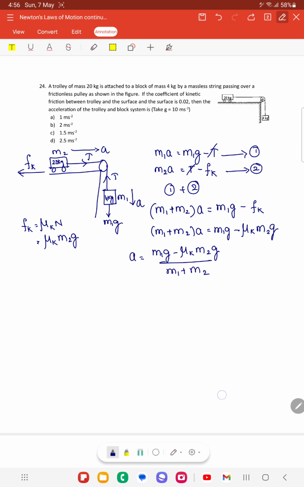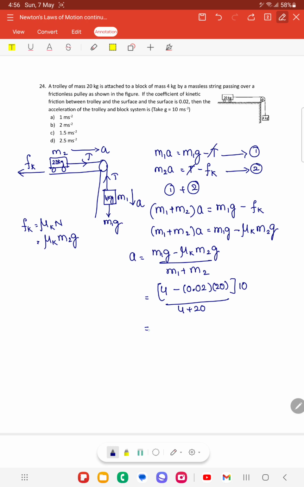So substituting the values, we can take g as common. So it is 4 minus 0.02 into 20, g is considered as 10 meter per second square, divided by m1 plus m2, that is 4 plus 20, which is 24.